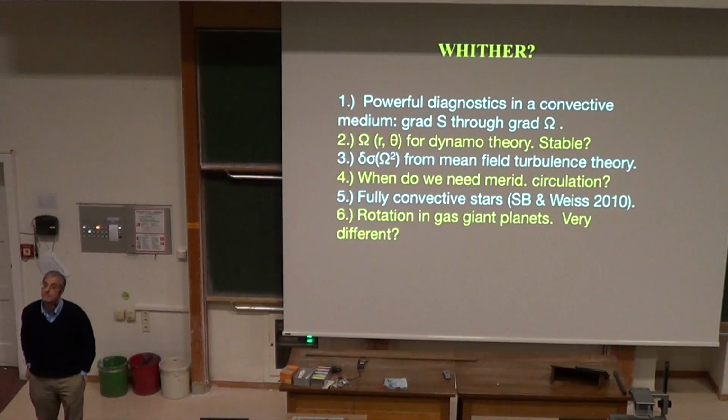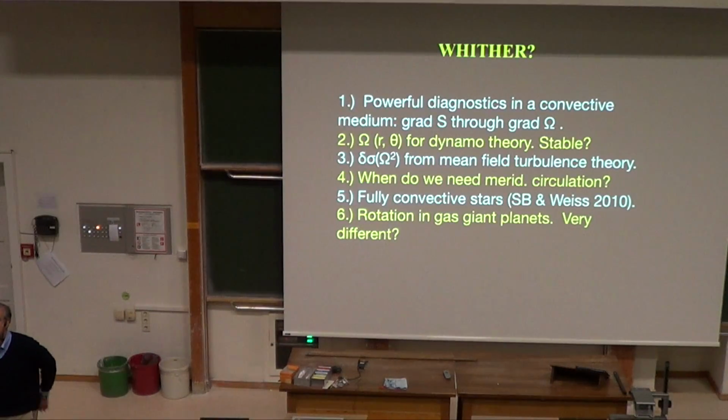So you didn't need to calibrate turbulence? No, this method finesses that problem. It gets around that problem. You don't actually need a theory of turbulence. Where do we use turbulence?